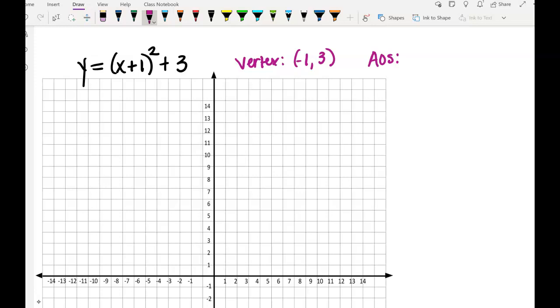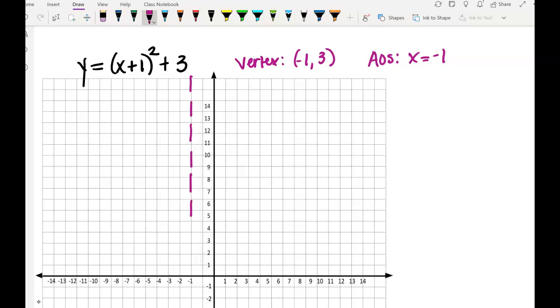Again, those of you that just gave me a number, that is not a correct answer. My axis of symmetry is x equals -1. It is a line. And what that line means is at -1 on my graph, that's where I know to draw in my dotted line.